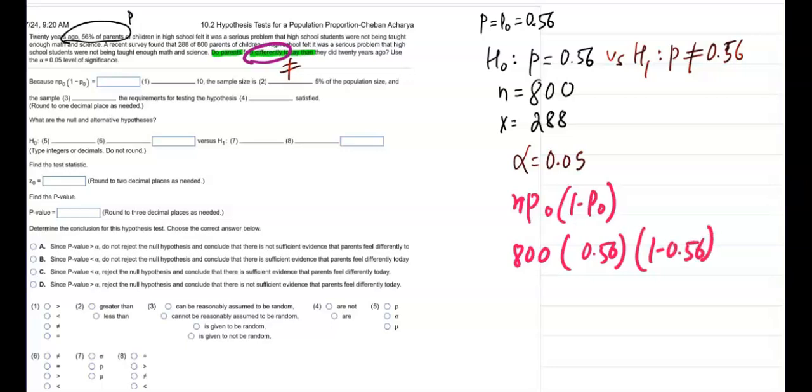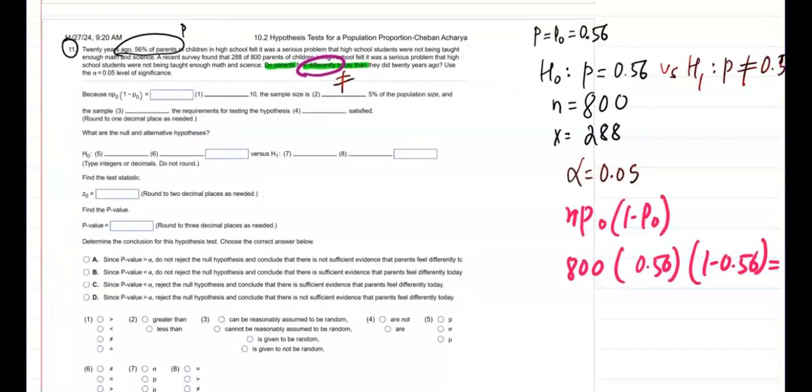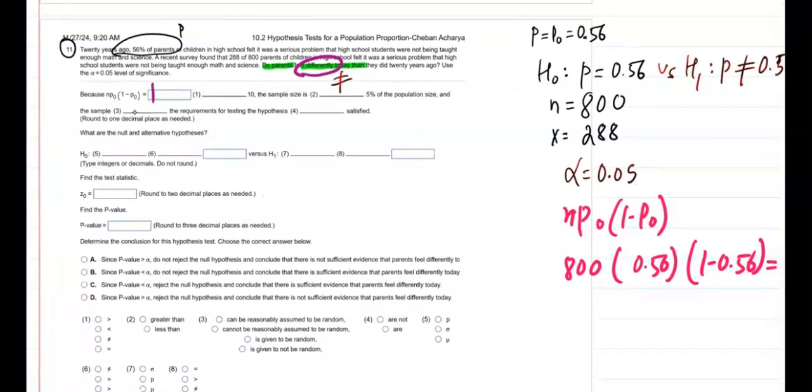If you simplify this and round to 1 decimal place, this is going to be 197.1, which is greater than or equal to 10, obviously. So the criteria is satisfied. So here in the box you type 197.1, which is greater than or equal to 10. The sample size is less than 5% of the population size, and the sample is random.